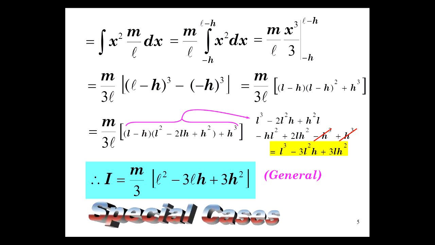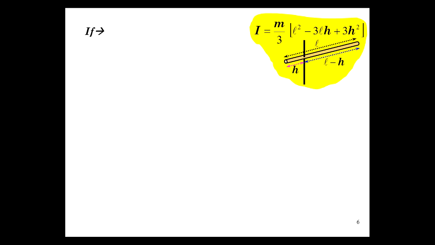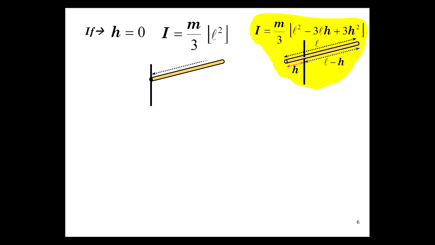So let's look at some special cases now that will simplify this expression quite a bit. So just repeating the information for the rod here. And now we're going to consider two cases. First of all, if h is equal to 0. Well, if h is equal to 0, of course, this term and this term just go away. So I is equal to M over 3 L squared. Very wonderful.